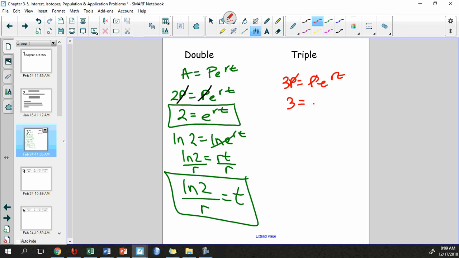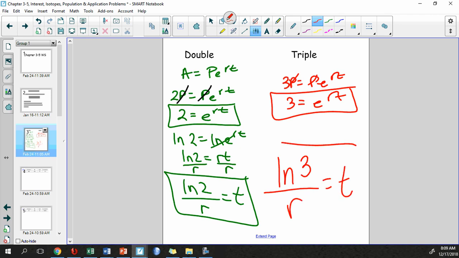So 3 is equal to ERT, which means now I'm going to have this formula that whenever I solve, it's the natural log of 3 divided by R is equal to T. If I wanted to quadruple, natural log of 4. Do we all understand that? Yes? Okay, so that's how you are able to find out how long or what interest rate you possibly need to be able to quadruple or to double or triple your money. Any questions over that? Okay, good.